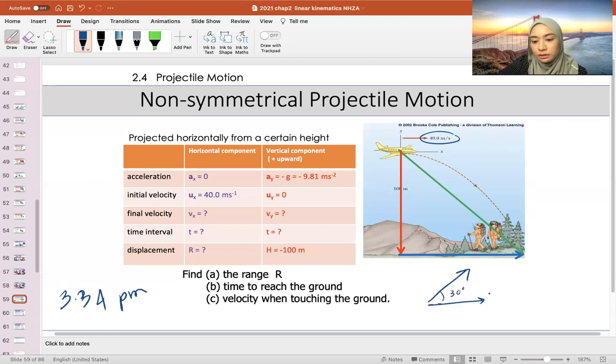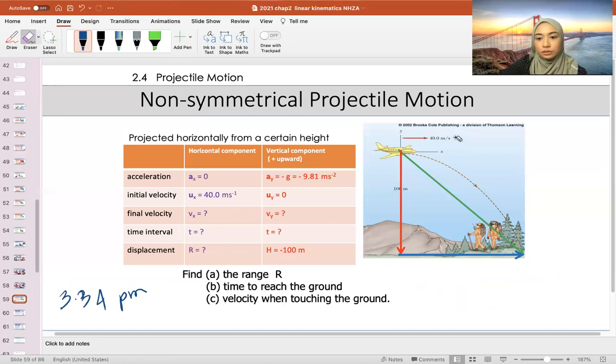Therefore, we could say that this launching velocity has Vx and also has Vy. But in this case, the launching velocity is actually just Vx. There's no Vy in this case. What is its angle? 0 degrees, which means that there's no y component. So there's only Vx in this situation, where Vx is equal to 40.